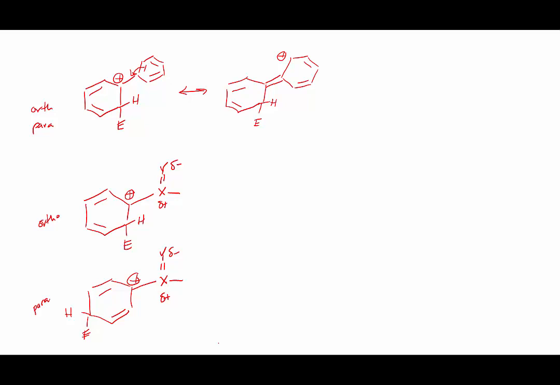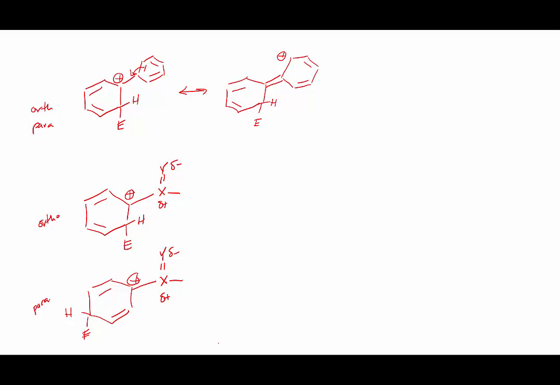So, when the positive charge was next to certain groups, when those groups were activating, they stabilized all the resonance structures. They stabilized the intermediate.